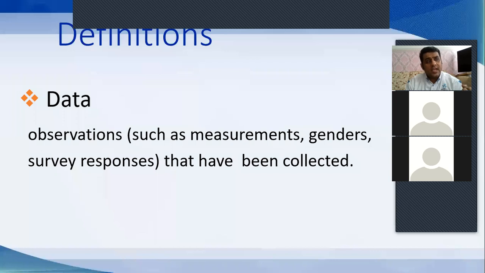Then at the end, we have data in our hand, and from that data we make the results. It can be a measurement, gender, how many people were involved, how many males, how many females, and how many were Malay, Chinese, or Indian, so different races as well. This is called data.